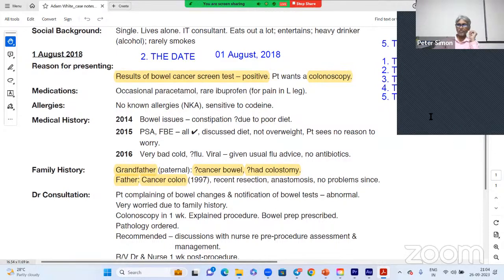So here, family history. Excessive consumption, the is not needed.